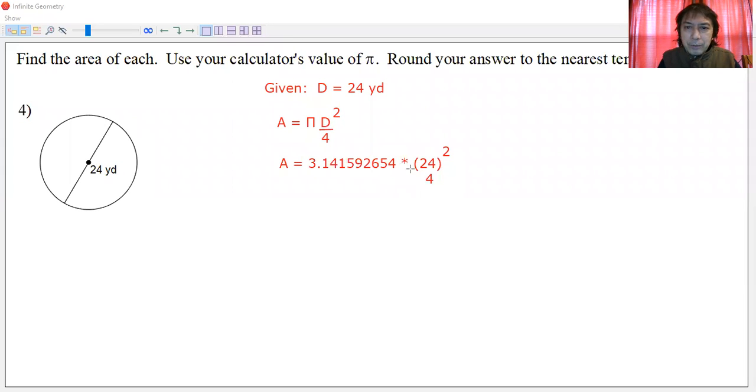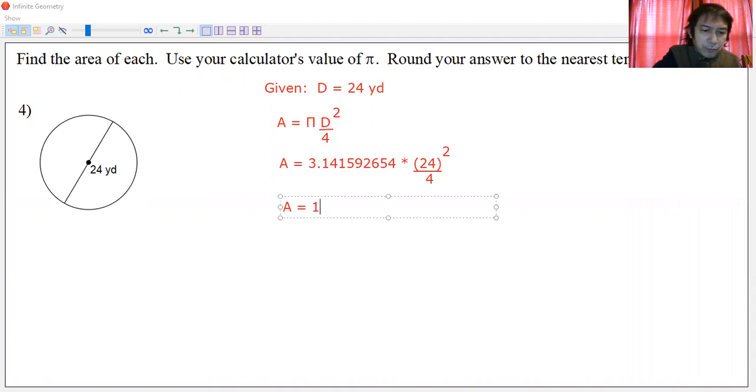So this will be a divide there. We will just do the computation. This will now be the value of pi times 24 squared divided by 4. And we have the answer.